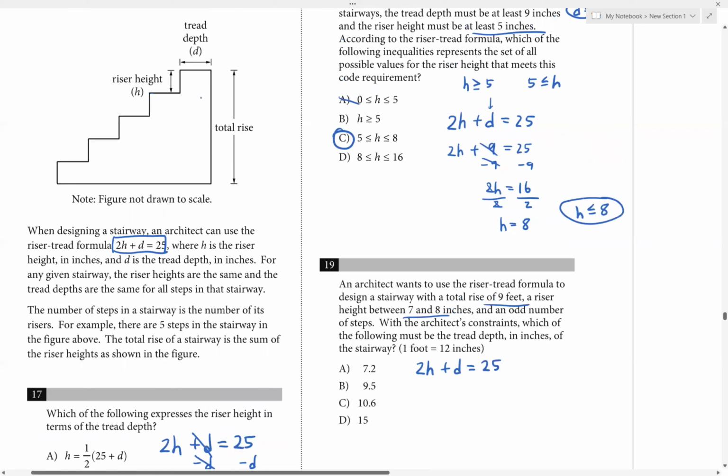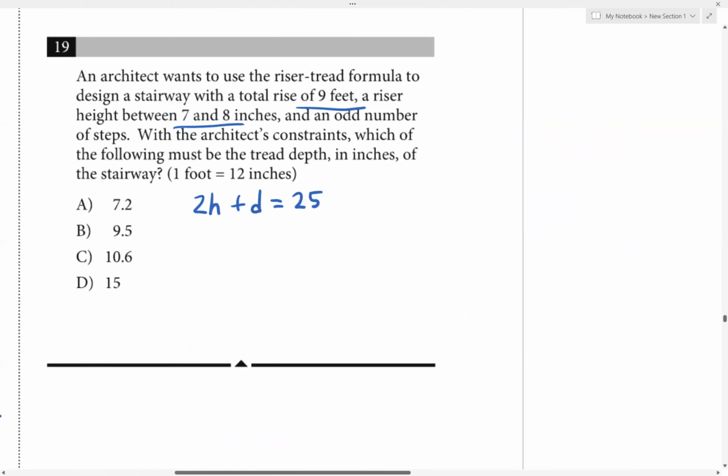If you go back to the picture, they also talk about this in the paragraph. If you add up the riser height for each individual stair, it should equal the total rise. Here the total rise is 9 feet, and we have to do a unit conversion because everything else is in inches. 1 foot is 12 inches, so 9 feet is 9 times 12, which is 108 inches.